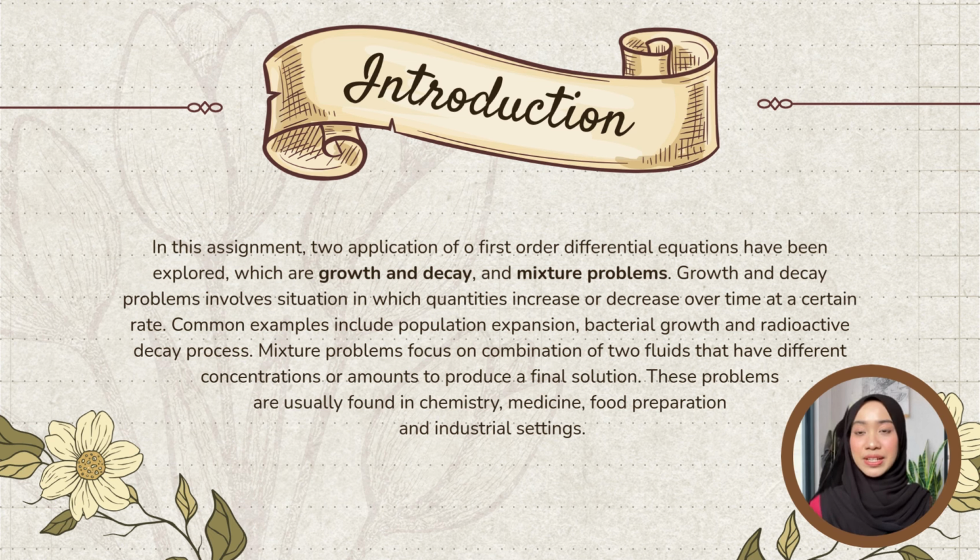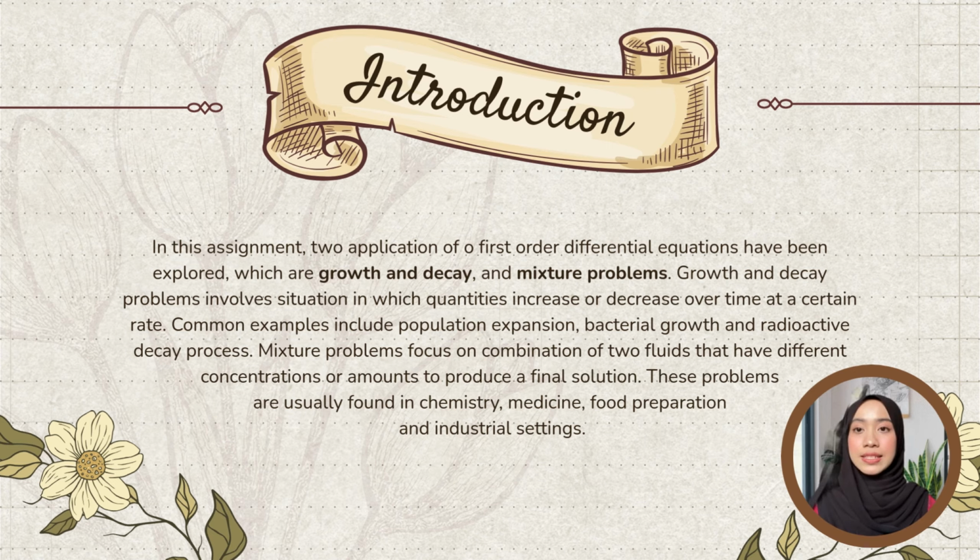In this assignment, we explore two important applications of first-order differential equation, namely growth and decay and mixture problem. Growth and decay problems involve situations where quantities increase or decrease over time at a certain rate. Common examples include population growth, bacterial growth, and radioactive decay.